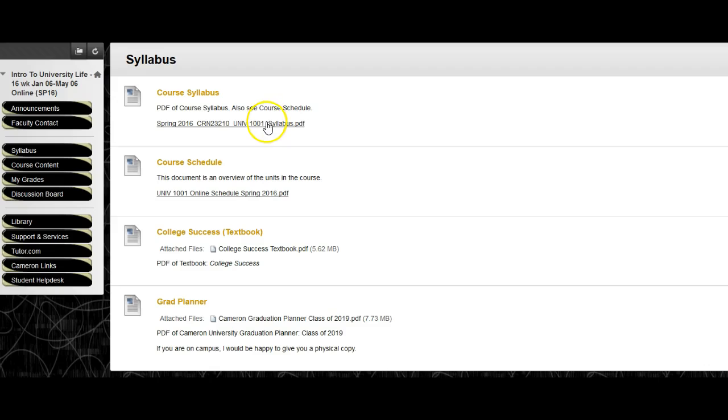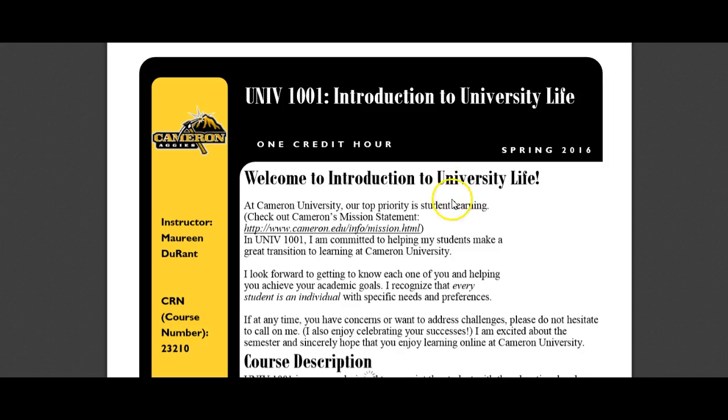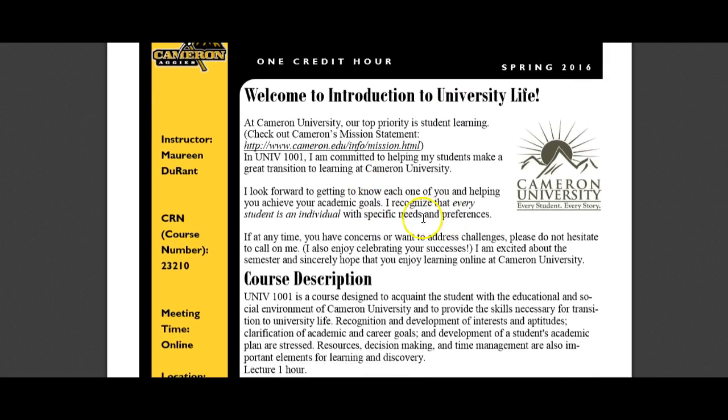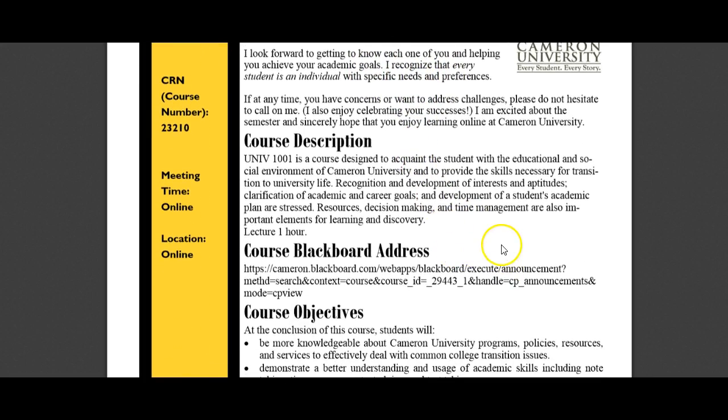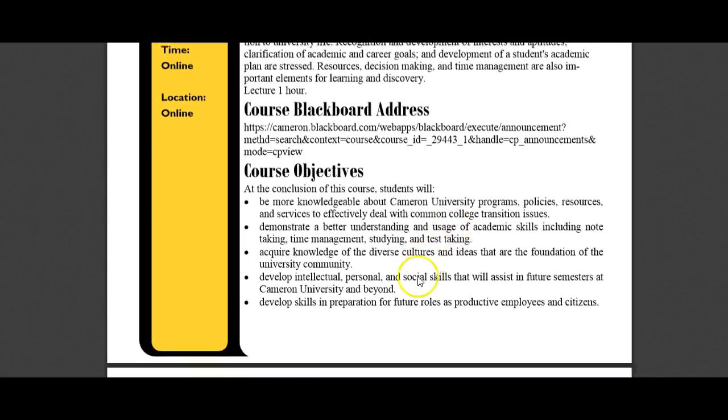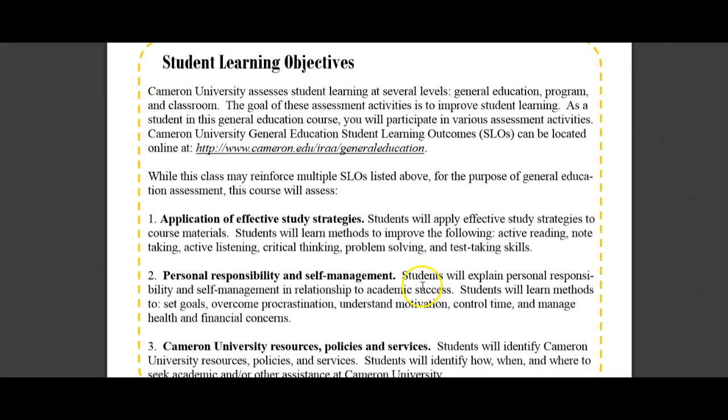Let's look at the course syllabus just very quickly. And as we let that open up in a PDF, let's go through there. And here we are. This tells you all the information, the course catalog description, objectives for the course, and really what we're going to learn.